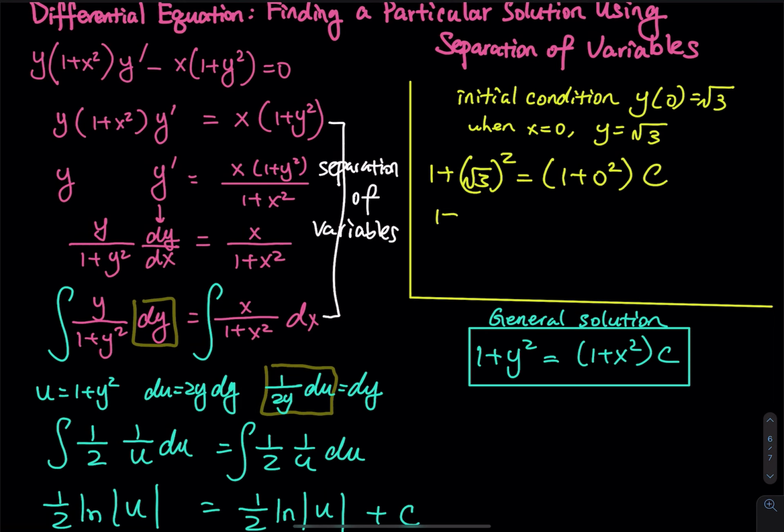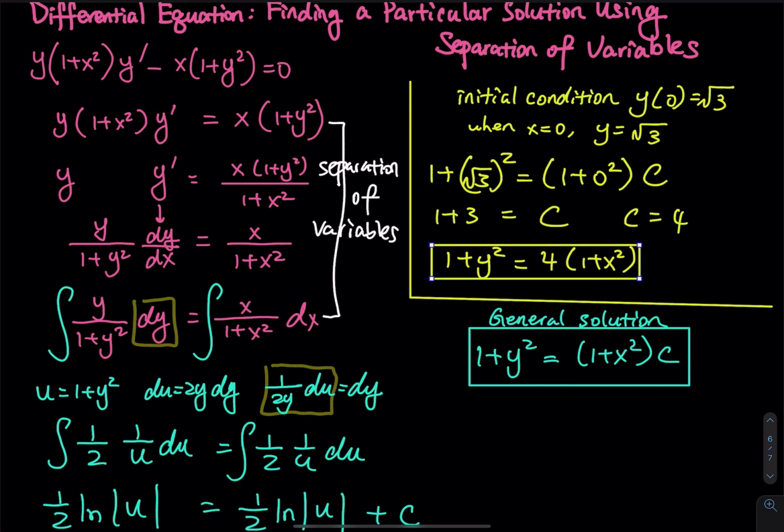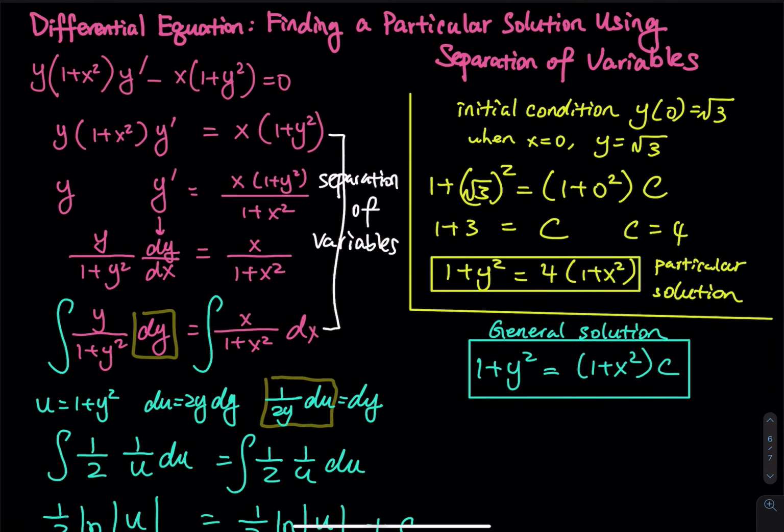So this is 1 plus 3 equals c, and c equals 4. At the end of the day, 1 plus y squared equals 4 times 1 plus x squared. So this is my particular solution. Let's label that as my particular solution. And that is the end of this problem.